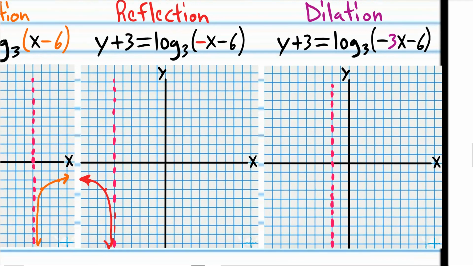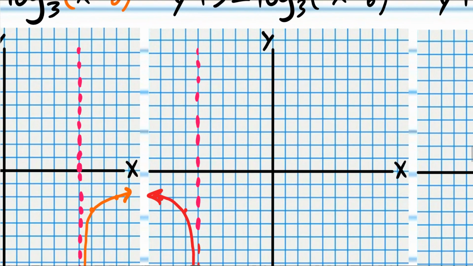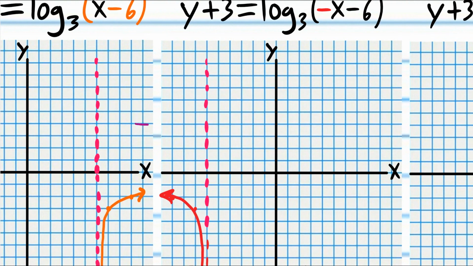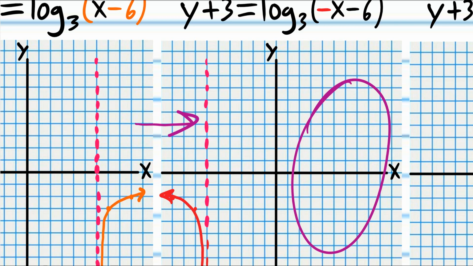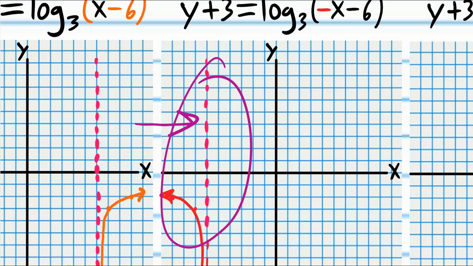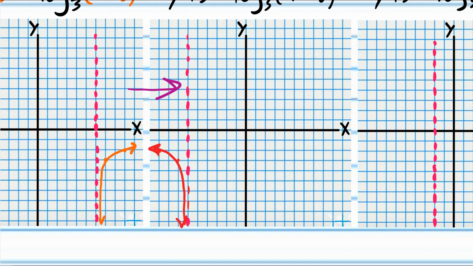And the reason that we move the asymptote is this is a horizontal compression. Remember, when you have a horizontal compression, you push the graph from the left and from the right. You push it inwards. Now, in this case, there's no part of the graph that's in the first or fourth quadrants, so we're not really pushing anything from the right, but we do have parts of our graph and features of the graph in the first and second quadrants, so we're pushing the graph inwards.